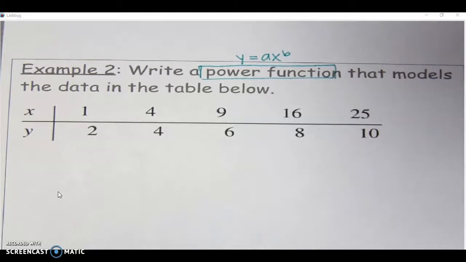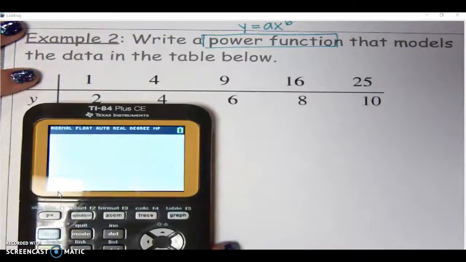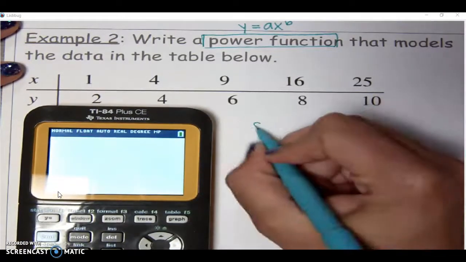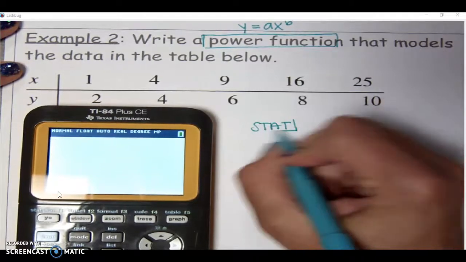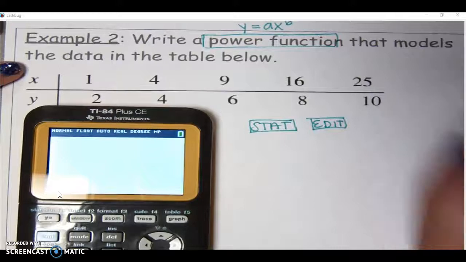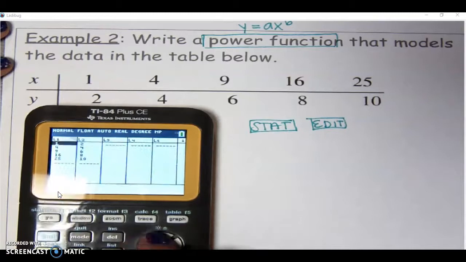So in your calculator, I'm going to write down the steps. You're going to click on Stat, and you're going to click on Edit first. Clear all this stuff.